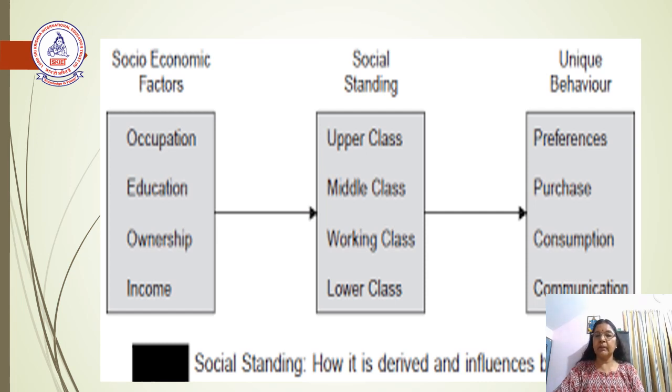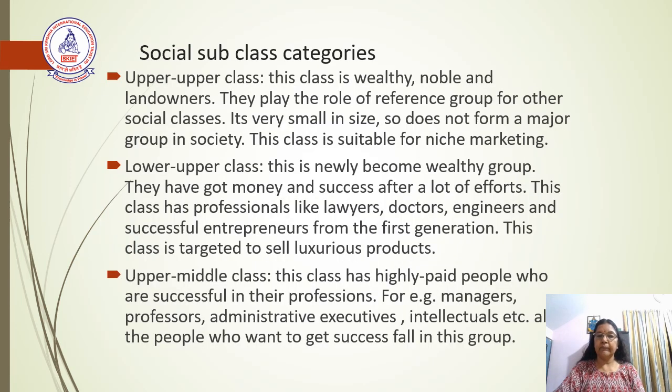This will determine what kind of products you prefer, what purchase behavior you show, and how you communicate with others. So social class is a very important factor which is greatly studied by marketers because it greatly influences consumer behavior.